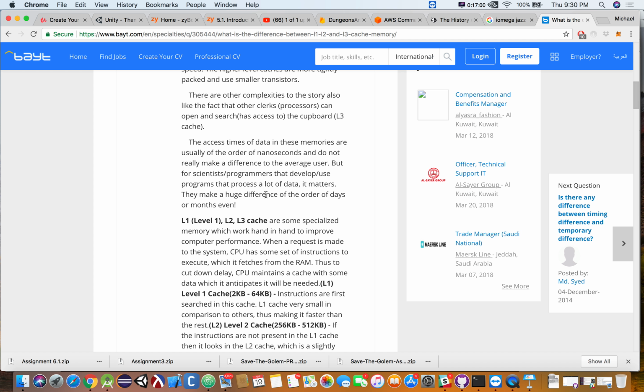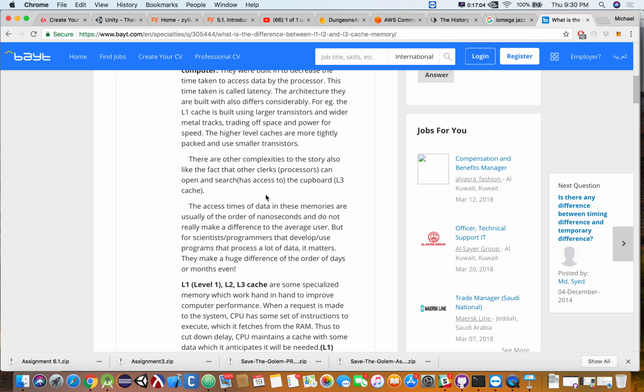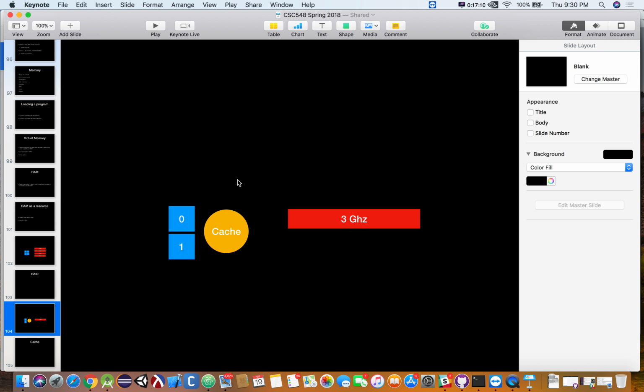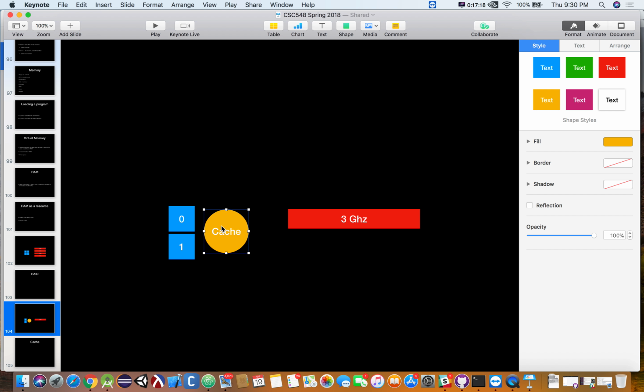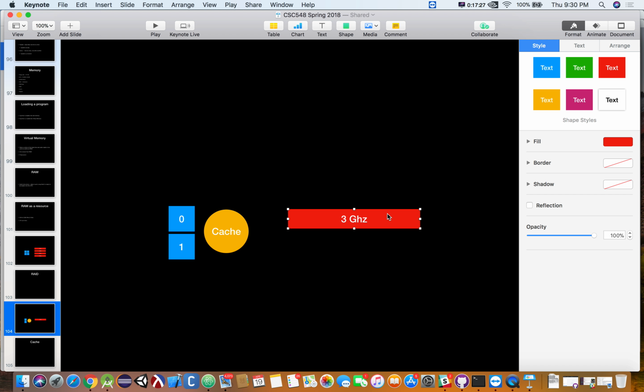Yeah, I'm not getting a great answer. I mean, it's a fraction of the speed of RAM. It's way, way, way faster. 5 gigahertz? I think L1 cache is going to be a lot faster than that. But regardless, 5 gigahertz would actually be enough for this example.